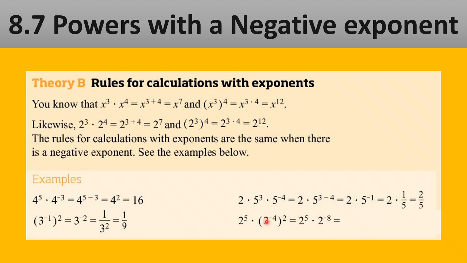Instead, first calculate this. That's 2 to the power of -8. Remember, multiply the exponents because it's a power to a power. Now I have two numbers which have the same base and the same exponents, so I can now subtract the exponents. Gives me this, gives me this, gives me this.